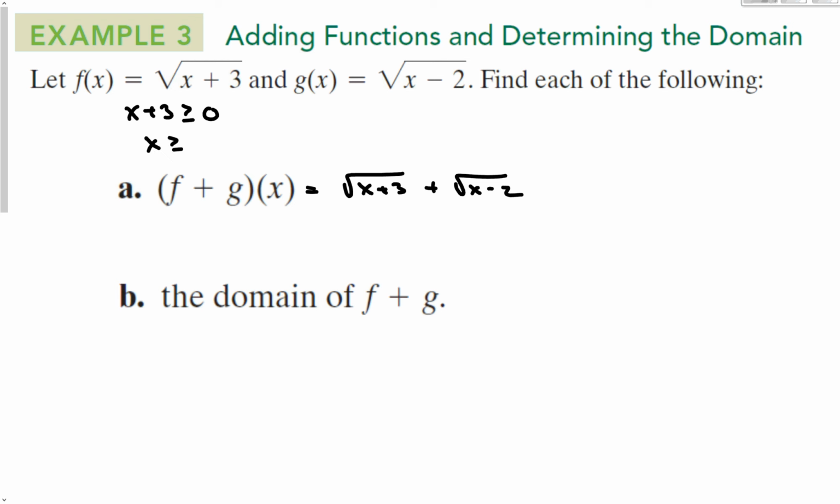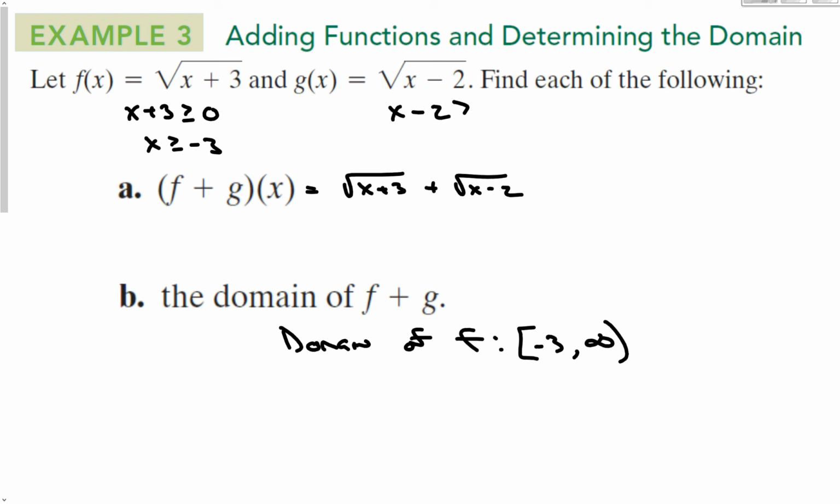So x has to be greater than or equal to negative 3, which makes the domain of f from negative 3 to infinity. And up here for g, I want x minus 2 to be greater than or equal to 0. So x has to be greater than or equal to 2. So the domain of g is from 2 to infinity.